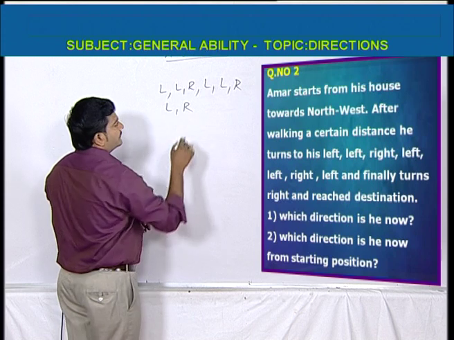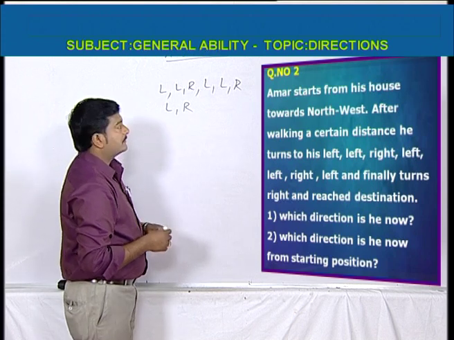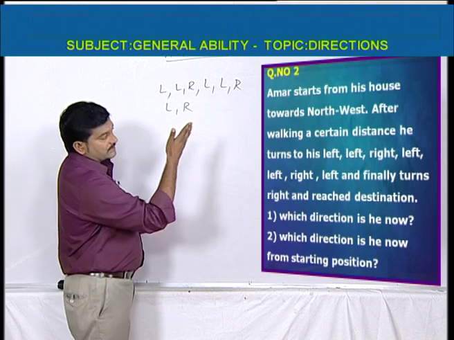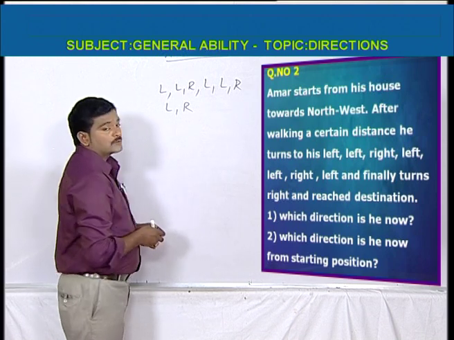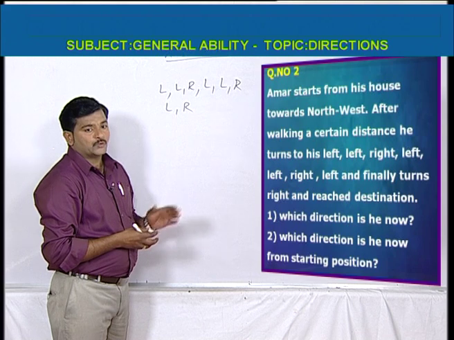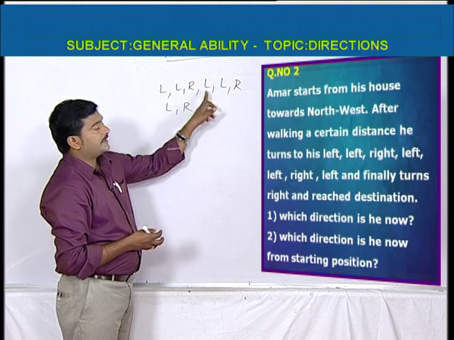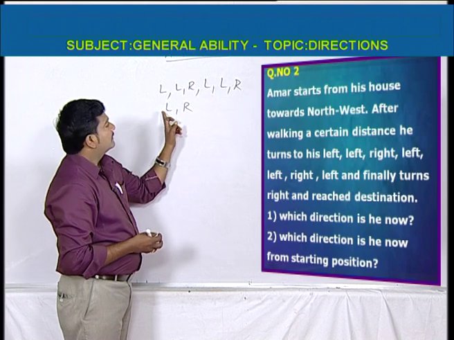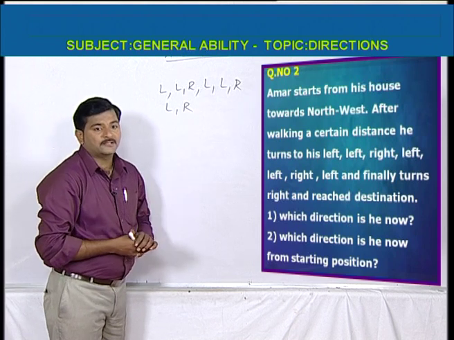Finally he is given right. I repeat. So how many lefts are there? 1, 2. Just focus on this question. 2 lefts are there, and next a right. Again 2 lefts, 1 right. Again 1 left.